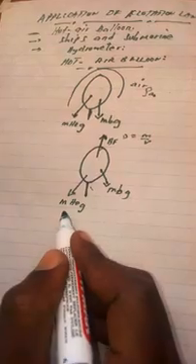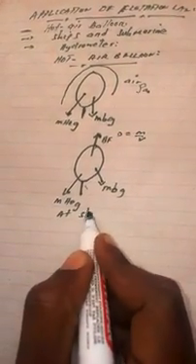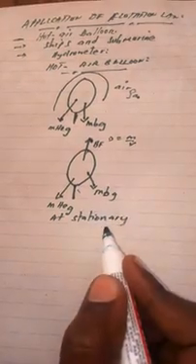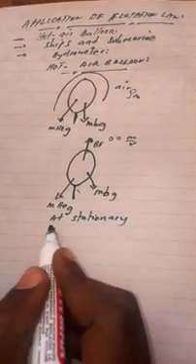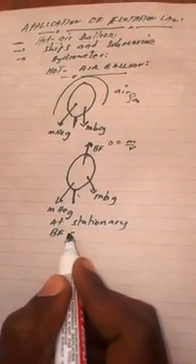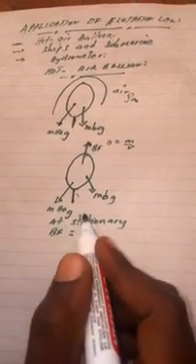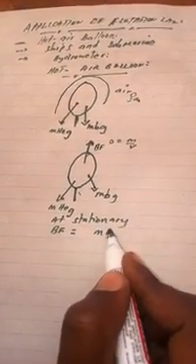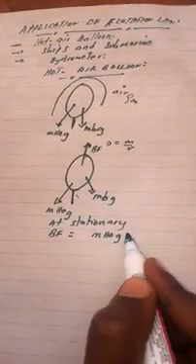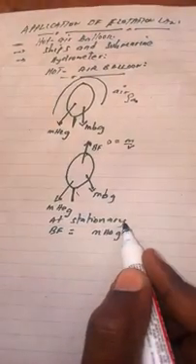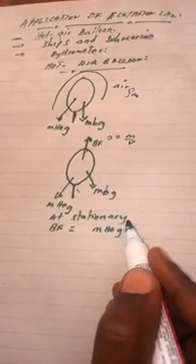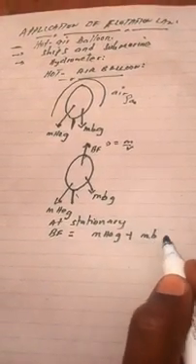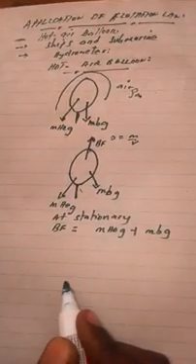So at stationary, when the balloon is neither moving upward nor downward, the buoyancy force will be equal to the weight of the helium, which is mass of the helium times gravitational force, plus the weight of the balloon and its contents, including the passengers. So this is mass of the balloon times gravitational force.